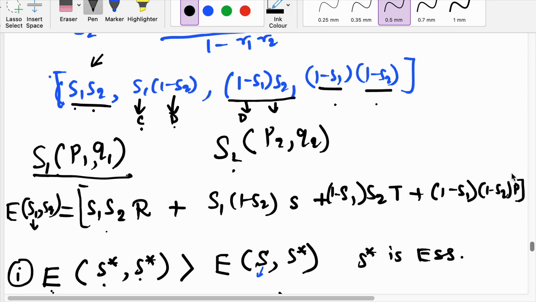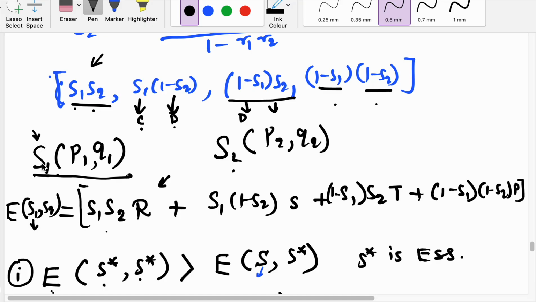Now, if we talk about evolutionary game theory, this expected payoff will be our fitness. The expected payoff will be the fitness of the first player, who is playing strategy S1.